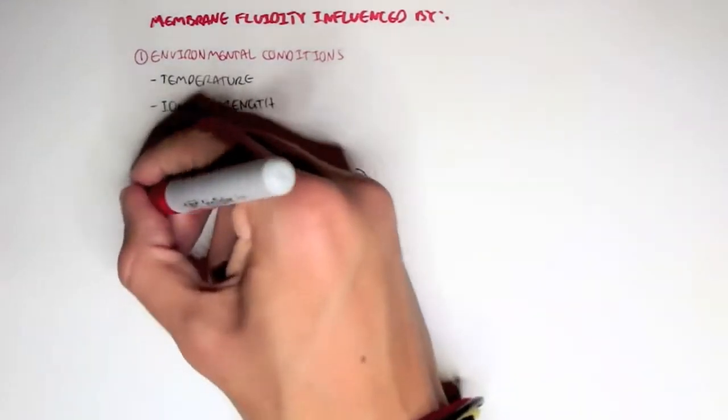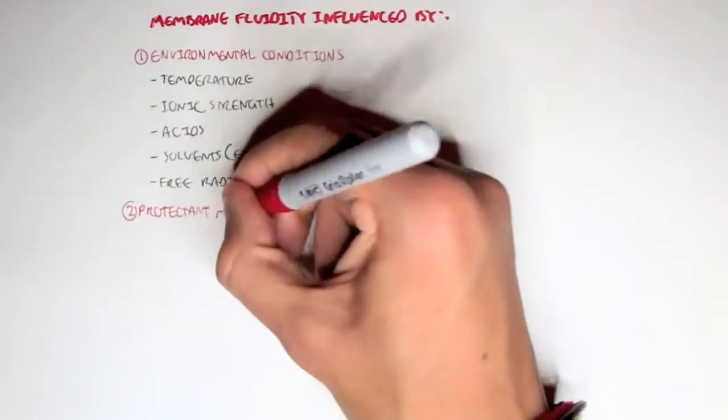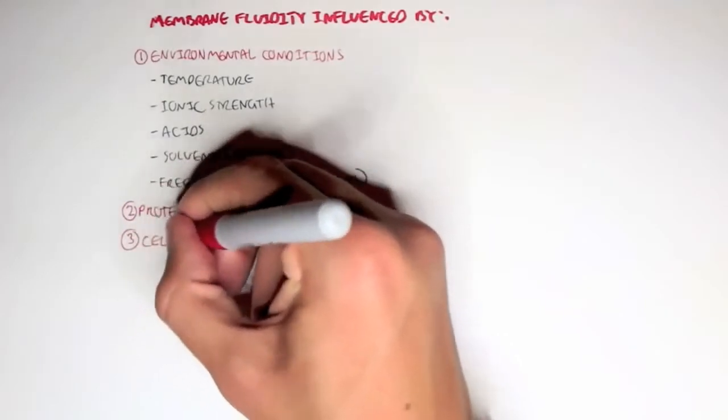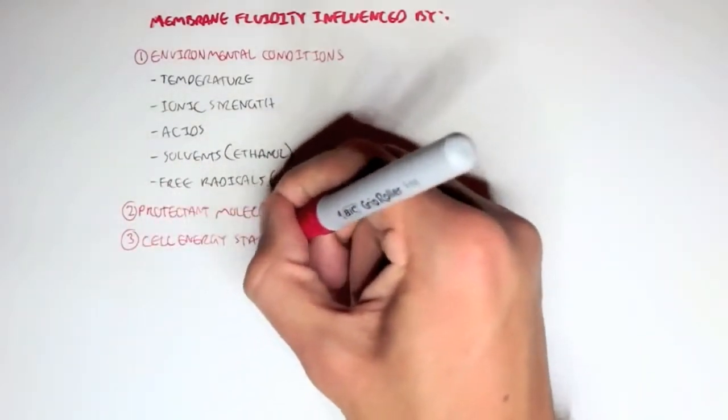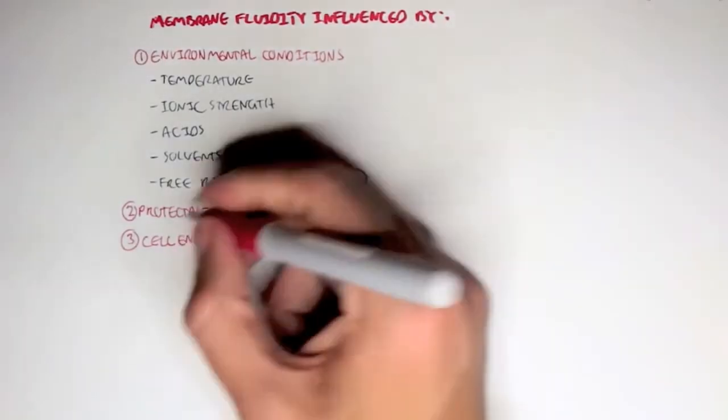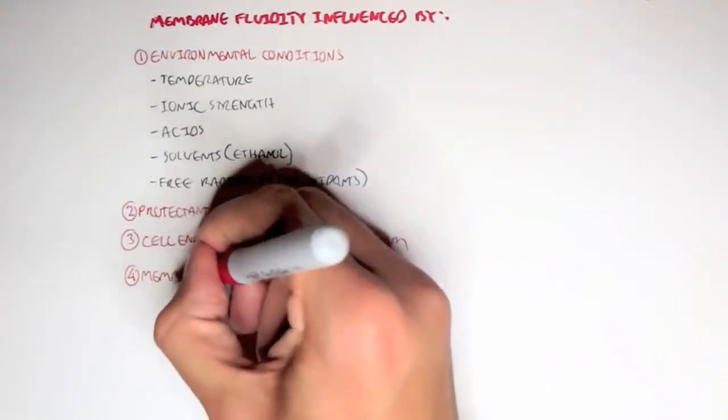A second important influencer is the protectant molecules, and this will help obviously protect the membrane. And also the cell's energy status and metabolism. So whether the cell needs energy, and so this influences the permeability, etc.